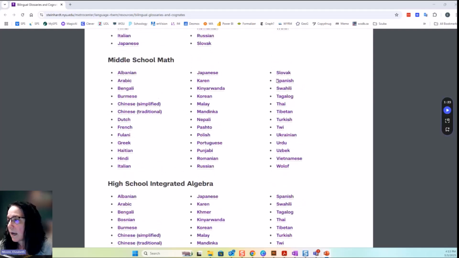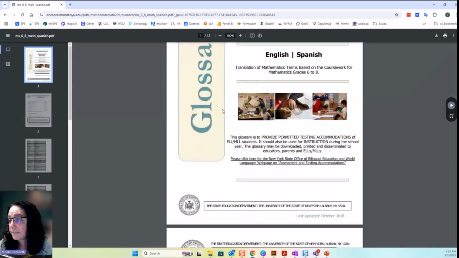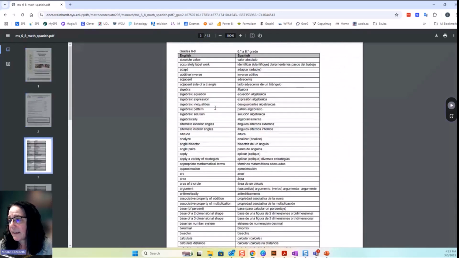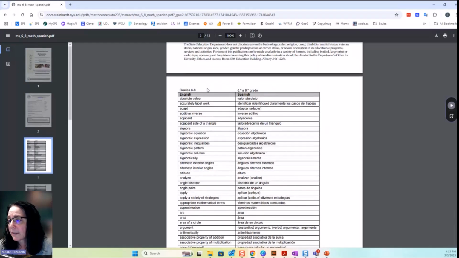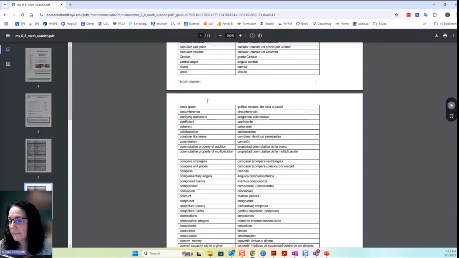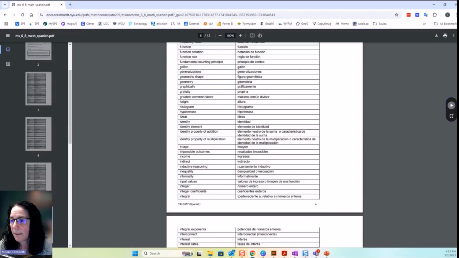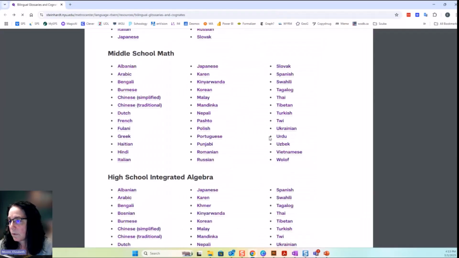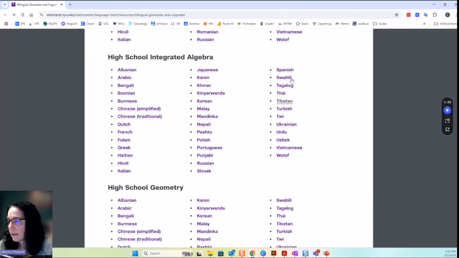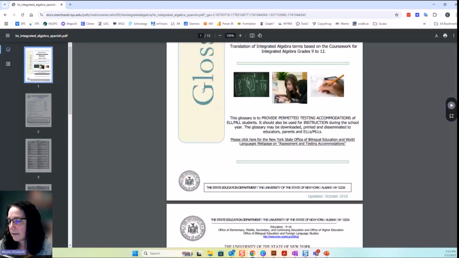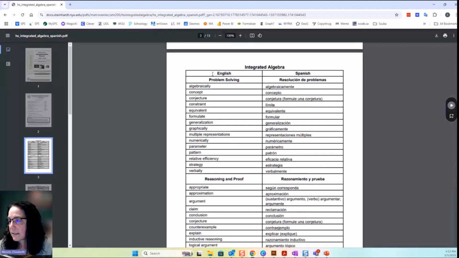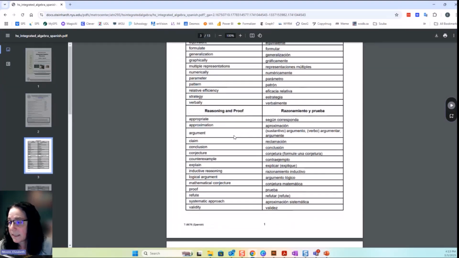If we click on, I'm just going to pick the Spanish middle school math, it's going to have things here alphabetical for grades 6 to 8. But in some of the high school ones, things are by topic. So we'll look at here. It's going to have problem solving, reasoning, and proof.